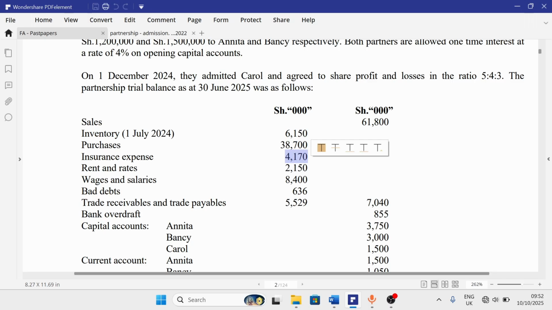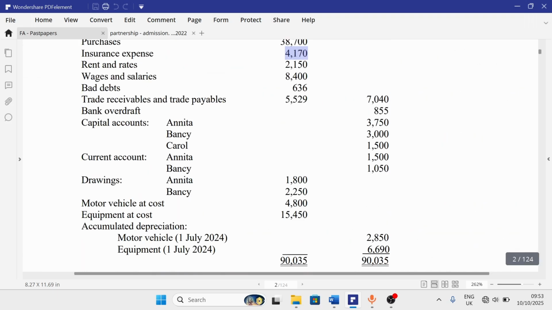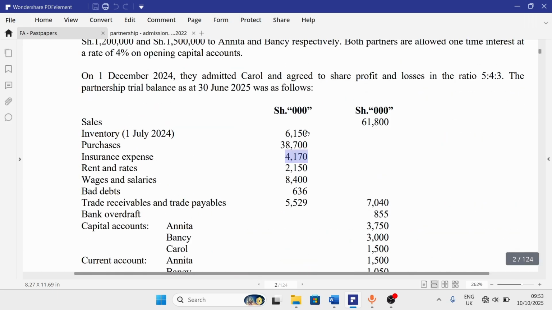to make. So we go to the additional information. Point number 7 says accrued expenses included 30,000 for insurance and 250,000 for rates and rent. So for insurance, we are going to take 30. So the other figures were in thousands, so we will take 30.